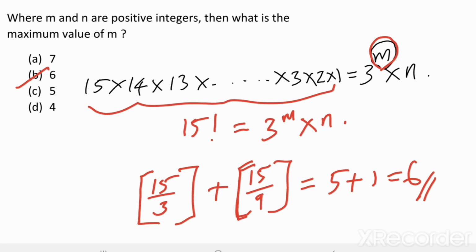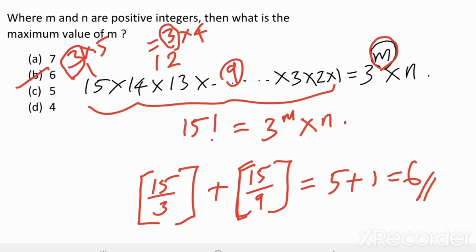Otherwise we can find 15, we know 3 into 5. So here we have 1 3. Then there will be 12. 12 equal to what? 3 into 4. So we got another 3. Then 9. 9 means 3 square. So we got 2 more 3's.